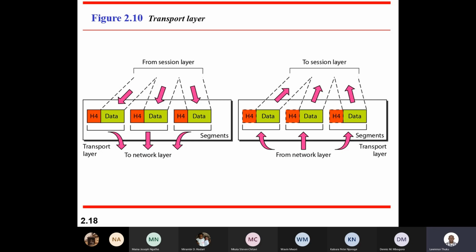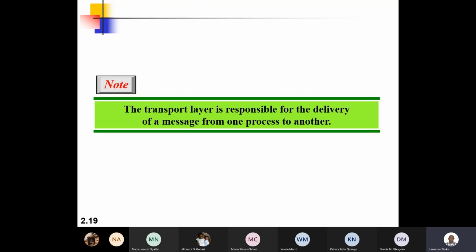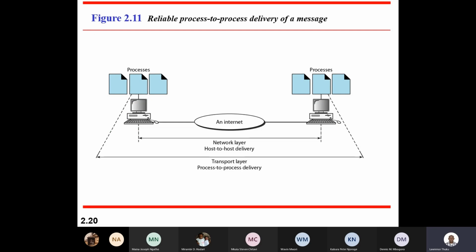So the transport layer's main aim is to decide how data will be transported. As the name suggests, it is the transmission of data from one level to the other. So basically, it's meant to deliver a message from one process to another. And of course, its major task is also to ensure it is delivered with the correctness it deserves.